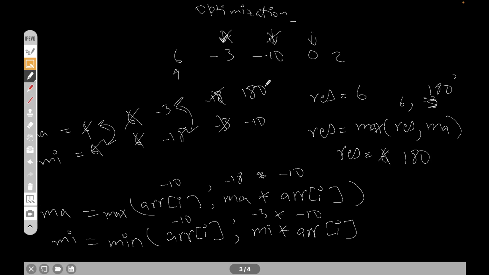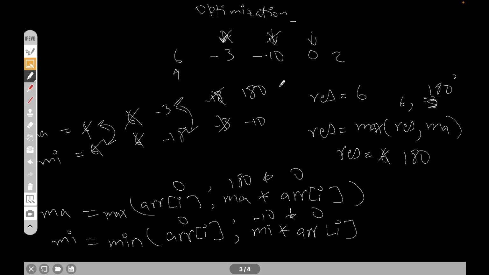So no need to swap anything. This is 0 and ma was 180, and this is 0, this is -10 and this is 0. This gives you 0, this also gives you 0, then the maximum of both of that will store the value as 0.